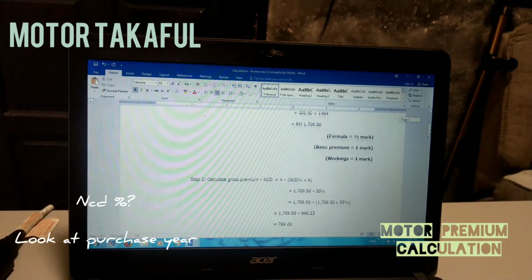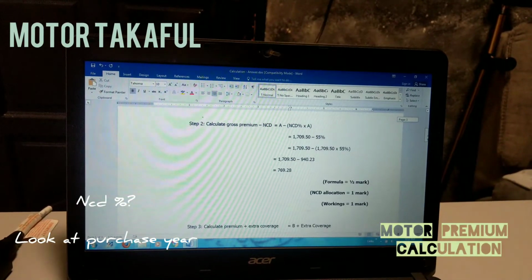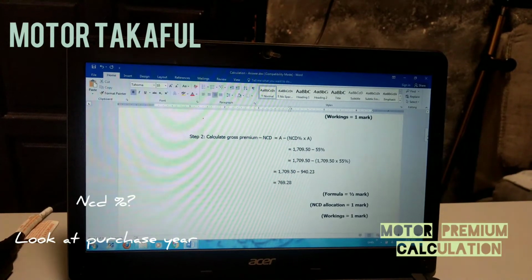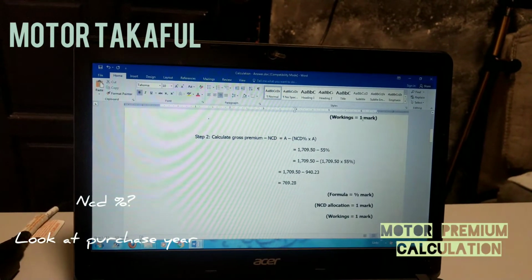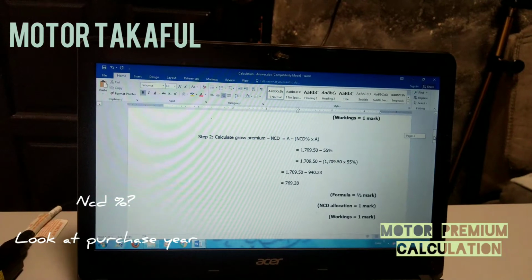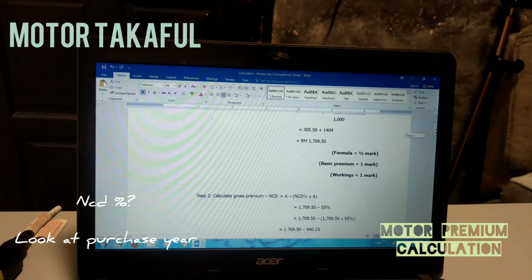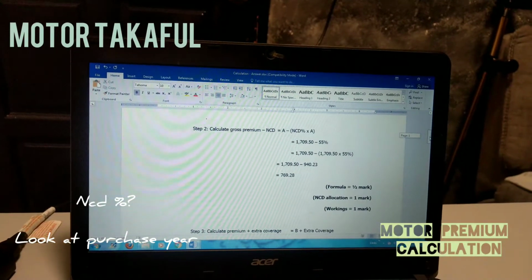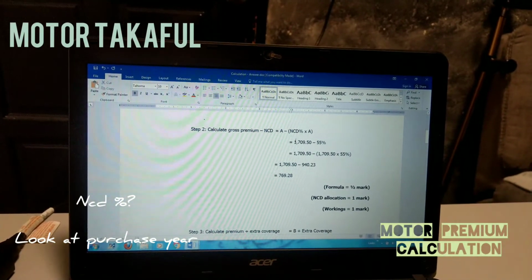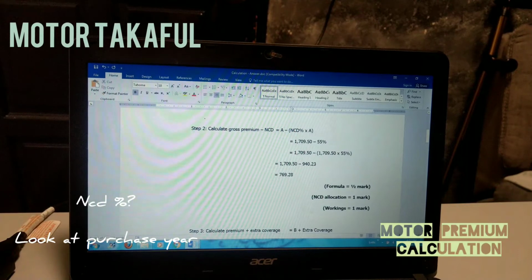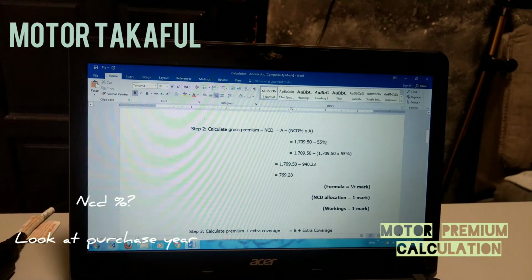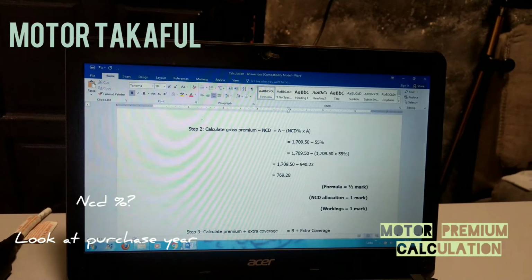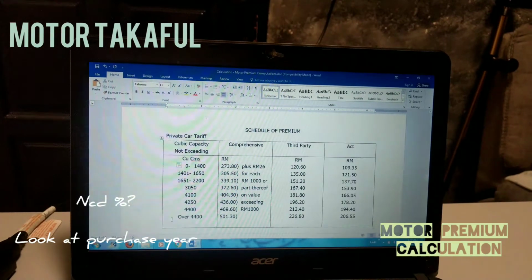For step 2, calculate the gross premium minus NCD. After you get the first step, which is 1709.50, you mark it as A. So A is 1709.50 minus 55%.